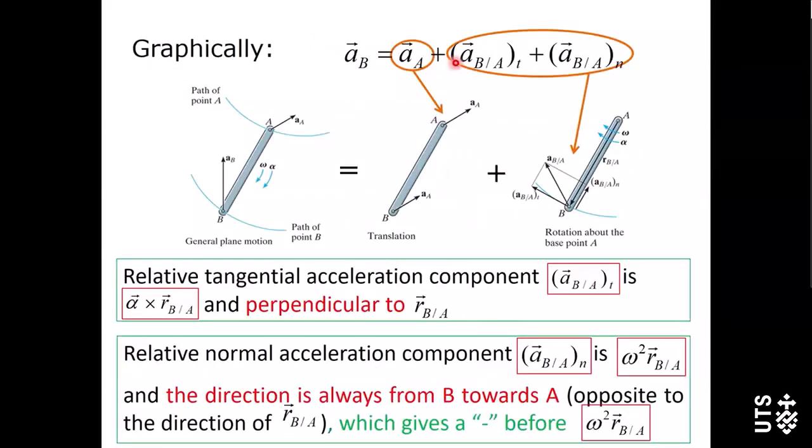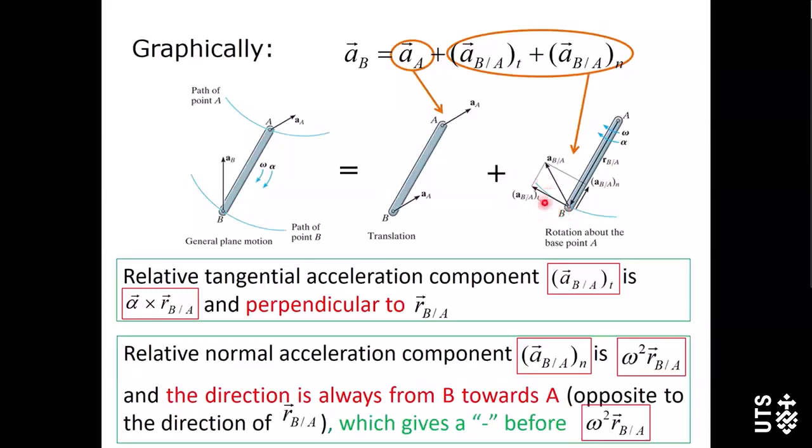Now let's look at the rotational component. This one is from the rotation about the axis through point A. Based on our study in week 1 on rotation about a fixed axis, we know at point B, when we look at its acceleration, there should be two components.